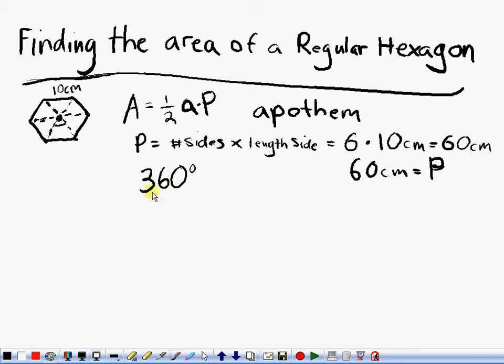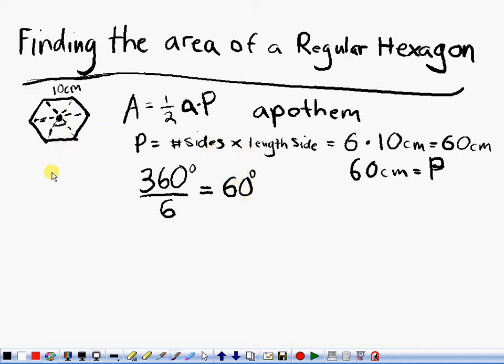So you're going to take 360 and divide that by the number of sides. How many sides does this thing have, everyone? It's got 6 sides, right? So you're going to go 360 divided by 6. Well, you can just say 36 divided by 6, and then put a 0 on the end of that. So that is going to be 60 degrees.